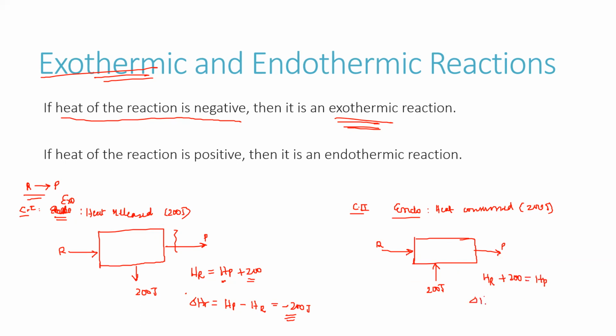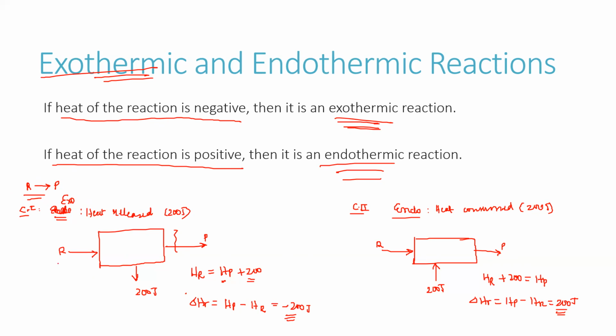In that case, heat of the reaction is going to be HP minus HR, which is equal to 200 joules. Now, as you can see, this is positive, and this can be very well explained: if heat of reaction is positive, then it is an endothermic reaction. So these are ways to prove that the heat of reaction for an exothermic reaction is negative and the heat of the reaction for an endothermic reaction is positive.